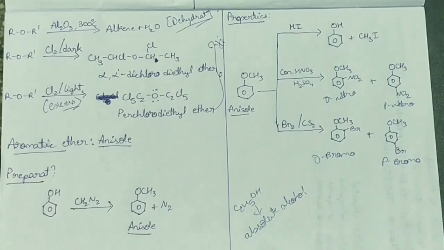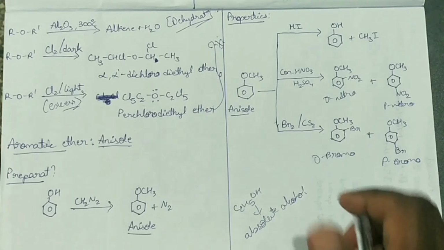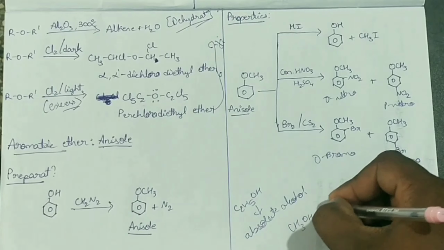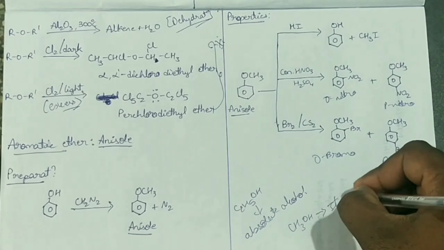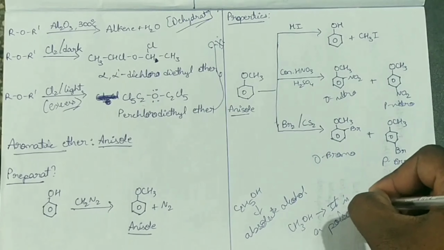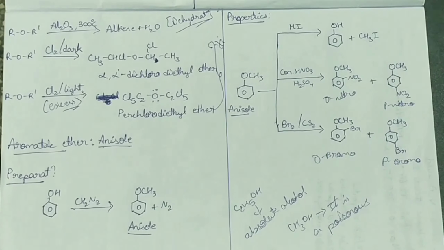Next we have methanol, CH3OH. It is poisonous, and it is also called wood spirit. So these two are important points to be remembered from alcohol.